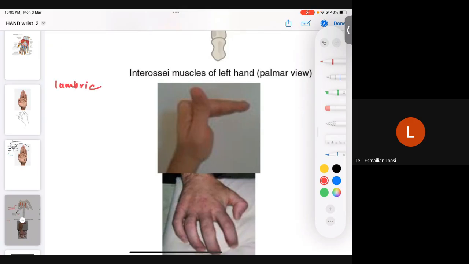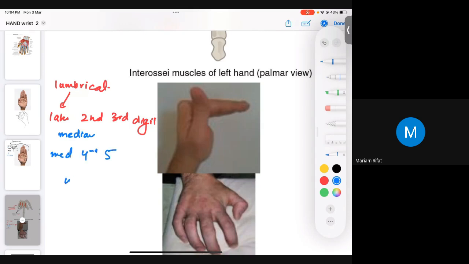How can you forget your lumbricals? The lateral two lumbricals, the ones supplying your second and third digit: what's the nervous supply for that? Median nerve. What about the medial fourth and fifth? Ulnar nerve, right?